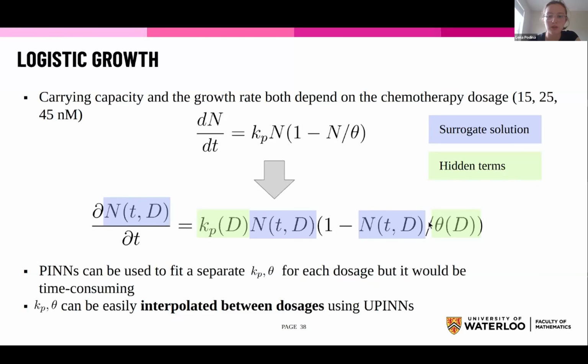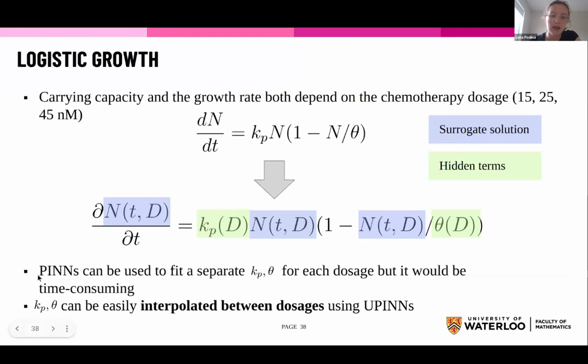We have one neural network to fit this. It takes just dosage and outputs the carrying capacity. Then we have a second neural network that fits the proliferation rate, which takes dosage and outputs the proliferation rate. The surrogate solution takes these 2 things, time and dosage, and outputs the number of cells.